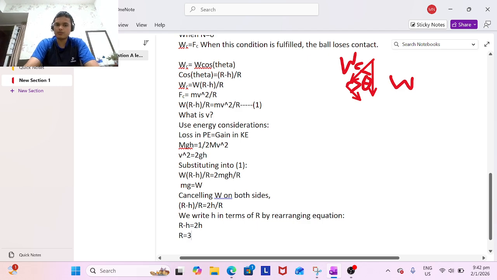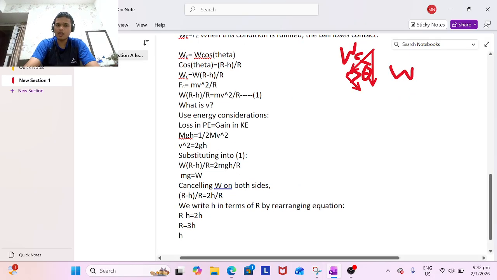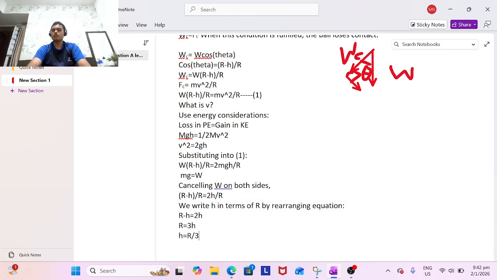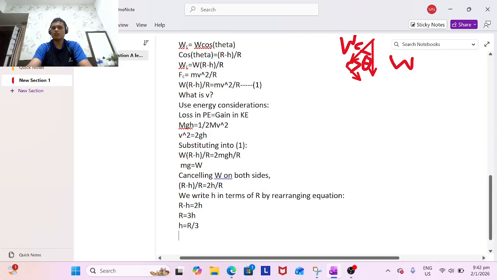R equals 3H, and H equals R by 3. So this is H.